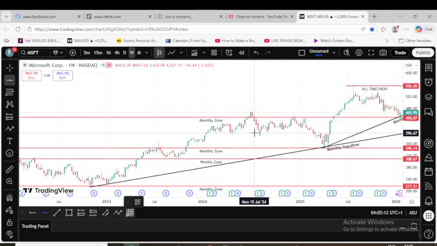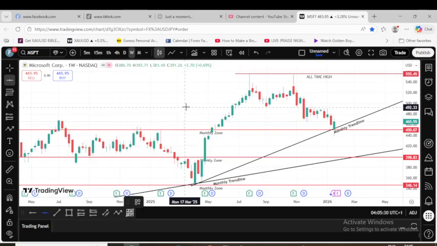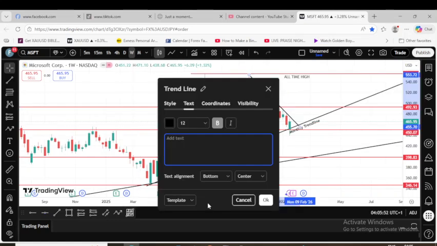We also have another weekly zone here. We can probably also draw a bearish trend line like this. So this is our weekly trend line.